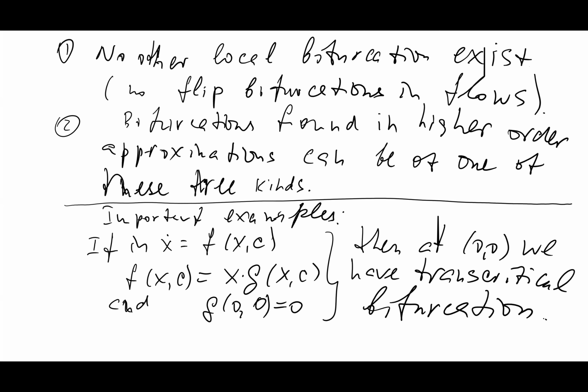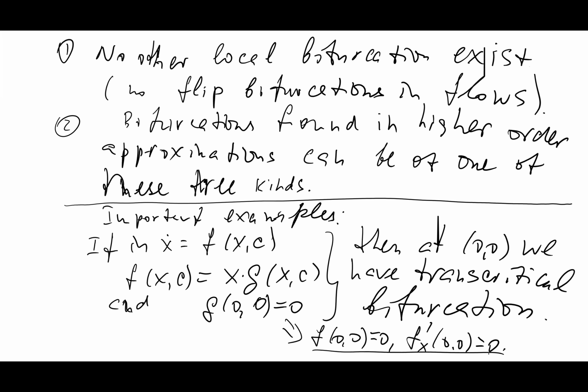Well, it is easy to see that in this case we conclude that f at 0, 0 is 0 and the derivative of f over x at 0, 0 is also 0.